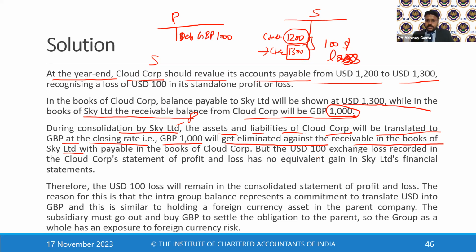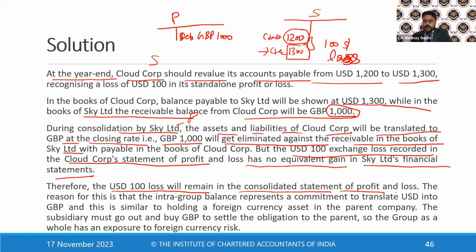Now, this USD 100 exchange loss recorded in the subsidiary, that is the Cloud Corp statement P&L, has no equivalent gain in the parent's financial statements, because the parent's financial statements will not have any forex exchange gain or loss. Therefore, the USD 100 loss will remain in the consolidated financial statement P&L, right?